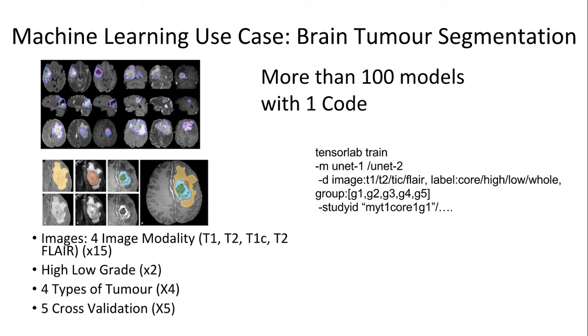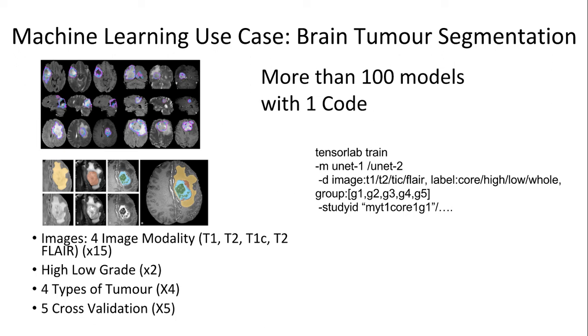Our first application is brain tumor segmentation. The challenge is we have four imaging modalities. We want to segment both the high-grade and low-grade brain tumors. There are 4 types of tumors, and we want to do 5-fold cross-validation. So in total, we have trained something like 100 models with almost identical code.